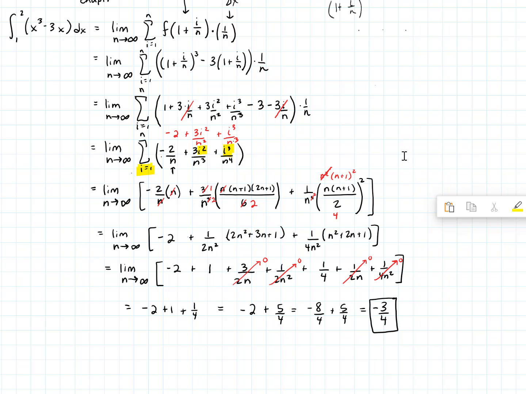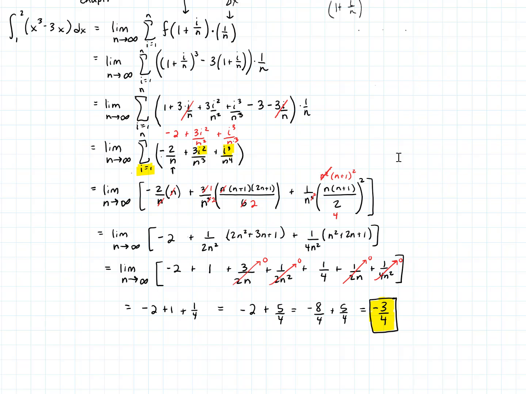So here we actually have our final answer. Took a little bit of time. I sped that up so that you could just kind of watch that process of expanding those sums once we had replaced those sums with their expressions in terms of n, simplifying, expanding, and then taking the limit.